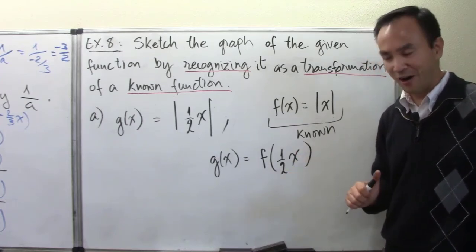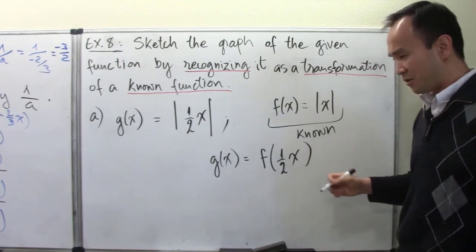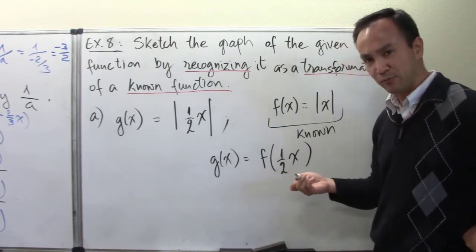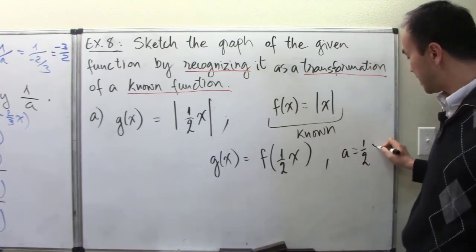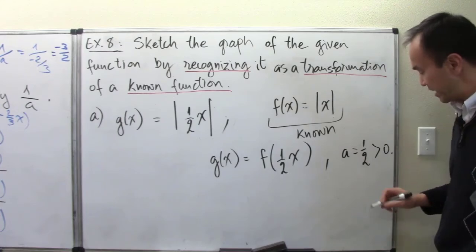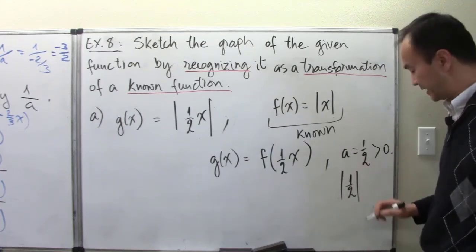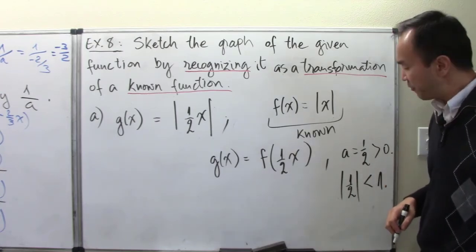Now just like what I did back in example 7, a in our case here is 1/2. It's a positive value, and the absolute value of a is less than 1.